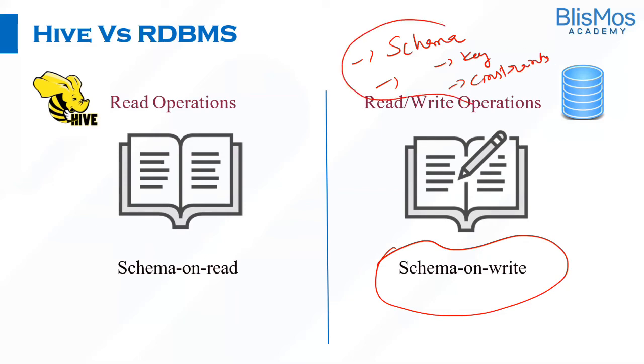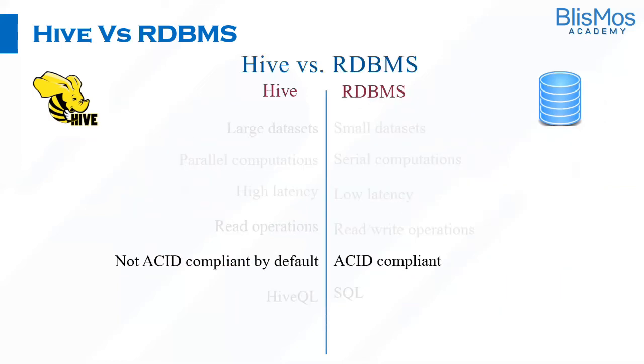After the schema is defined, only then can we create a table, and only then will the data get into the table. Any data which is not conforming to this schema cannot be put into the table in a database.